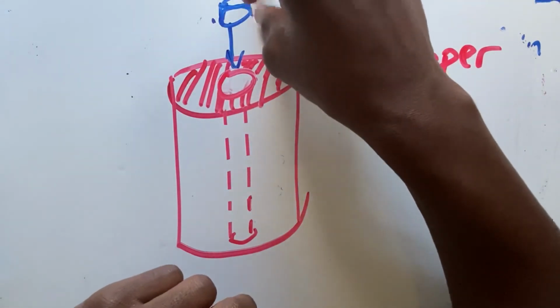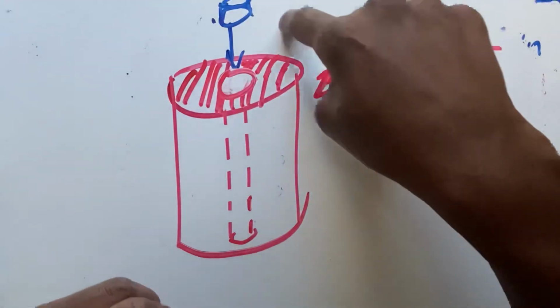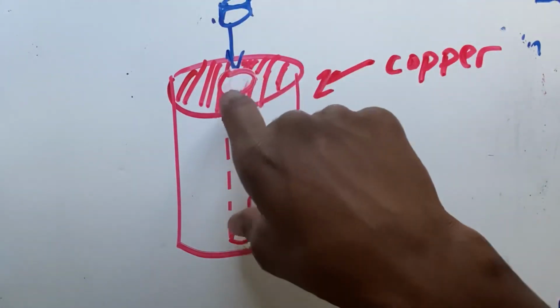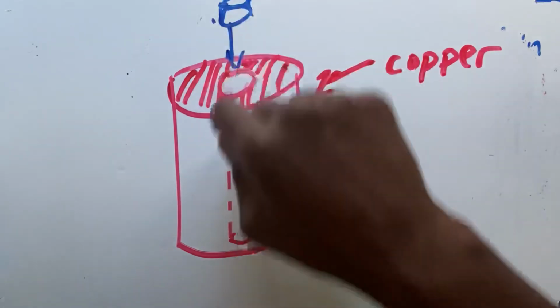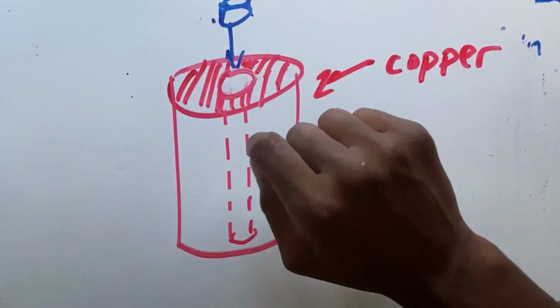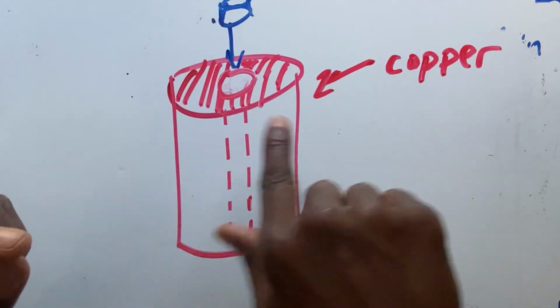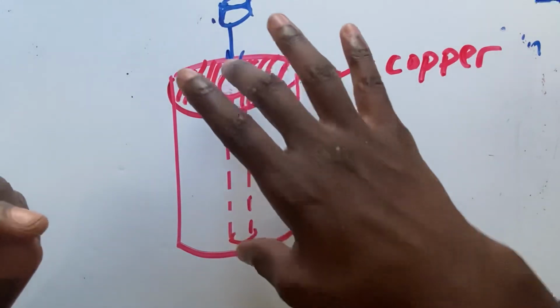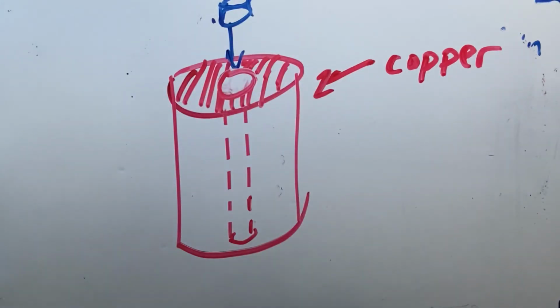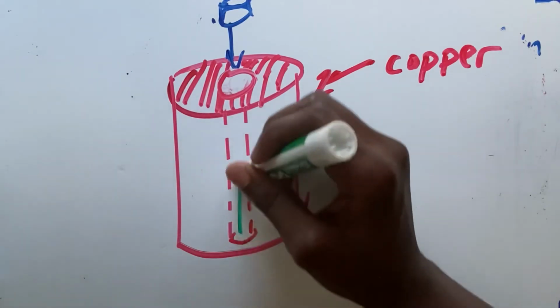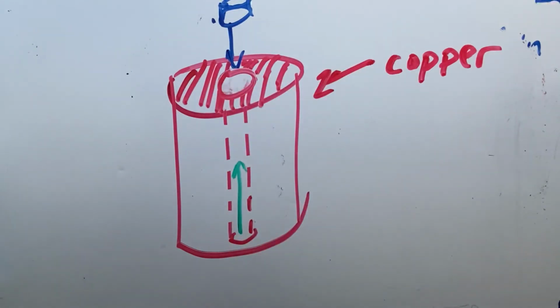As this magnet falls through this tube, it's not just going to fall regularly at free fall. Once it falls inside of this tube, there's going to be a magnetic field induced inside of this copper wire. It's going to push it back upwards.